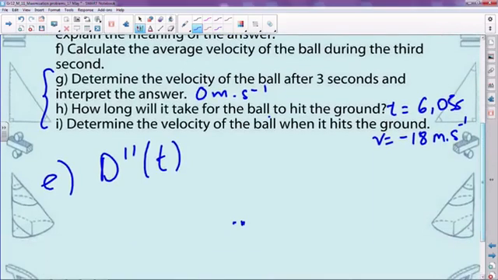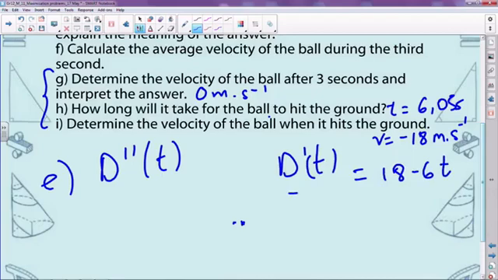All right, so remember your first derivative was equal to 18 minus 6t. So therefore, for the second derivative, I derive that expression and I'm going to get an answer of minus 6. So I've got 18 minus 6t, derive that, I get minus 6.